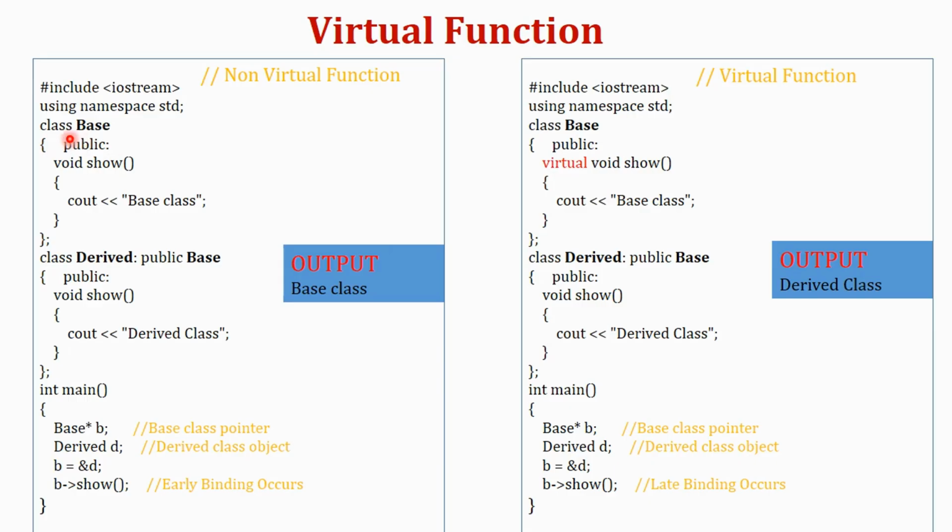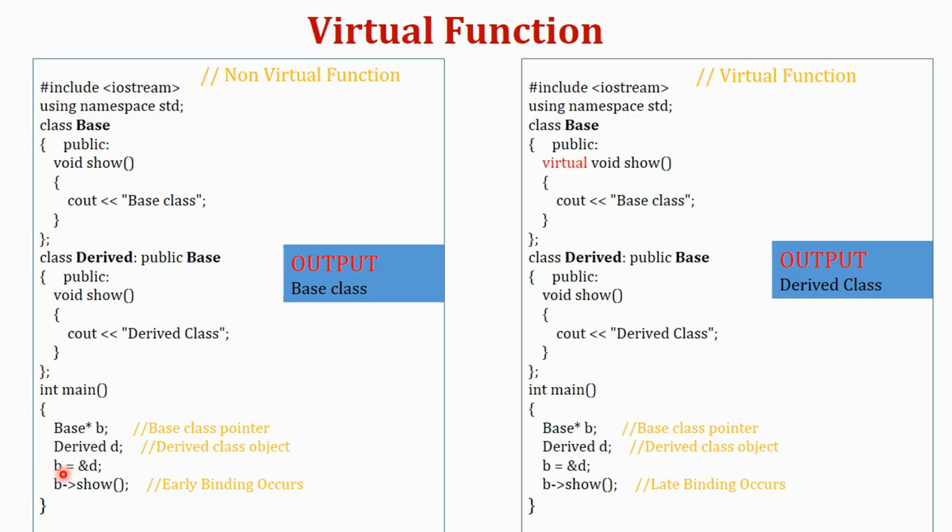For example, class base, where we define the function void show. The same function is redefined in the derived class. For example, class derived inherits the property from the base class. Again, the same function is redefined in the derived class. In the main function, we create the pointer variable of the base class, and the object is created from the derived class.